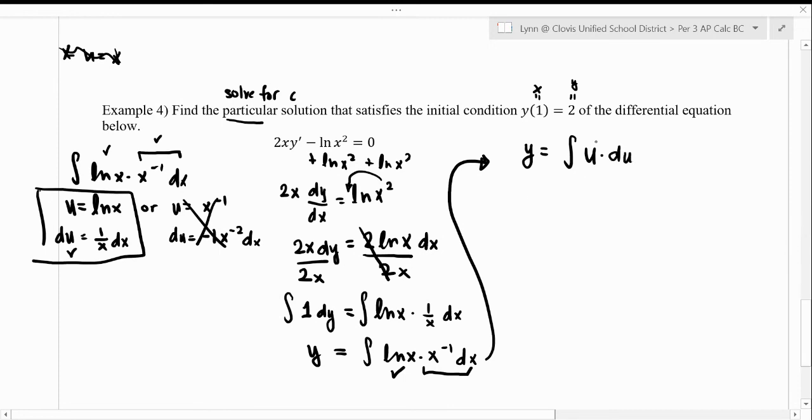And then now let's go ahead and integrate that. So that's to a power of 1. So power rule, I'm going to add 1 to the power and divide, and then plus c. And so then that would just be y equals 1/2. And then u was the natural log of x, and then that's quantity squared, so I cannot pull the 2 down because it's not just x being squared, it's that whole natural log of x.